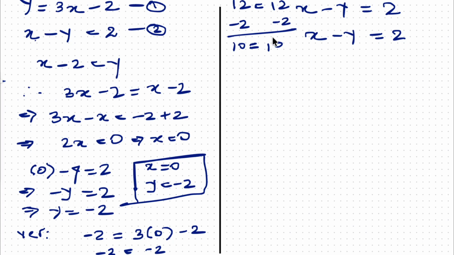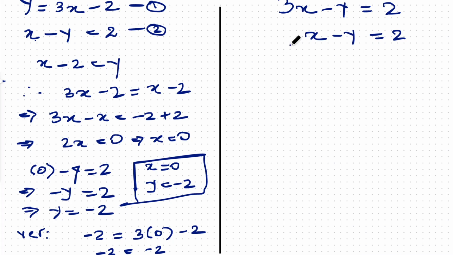So given that, I'm going to have to clean this up here. We had 3x minus y equals 2 out there. So let me fix that. And we have x minus y equals 2 out here. Okay, that's what we had started off with. So I'm going to subtract this second one from the first one.